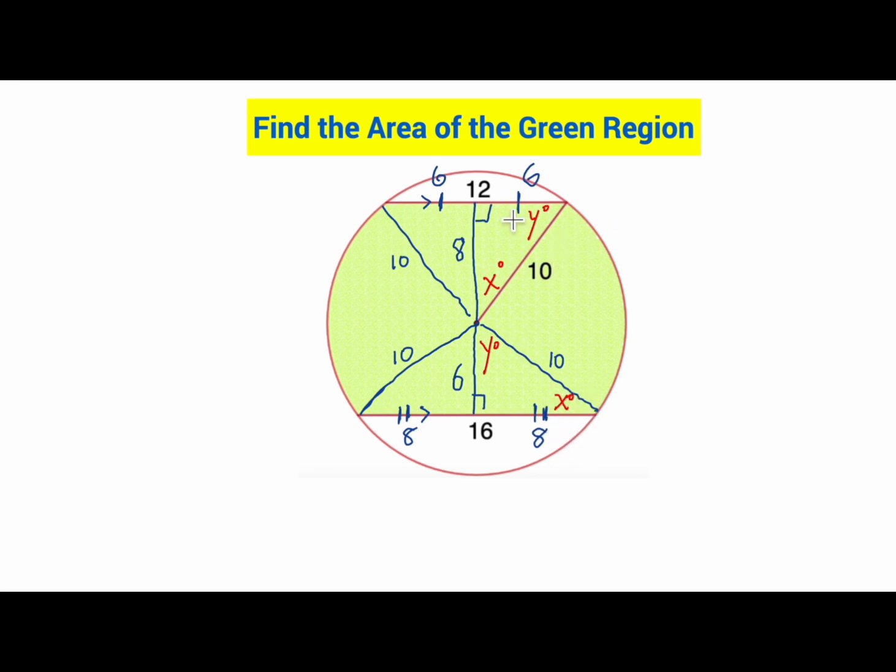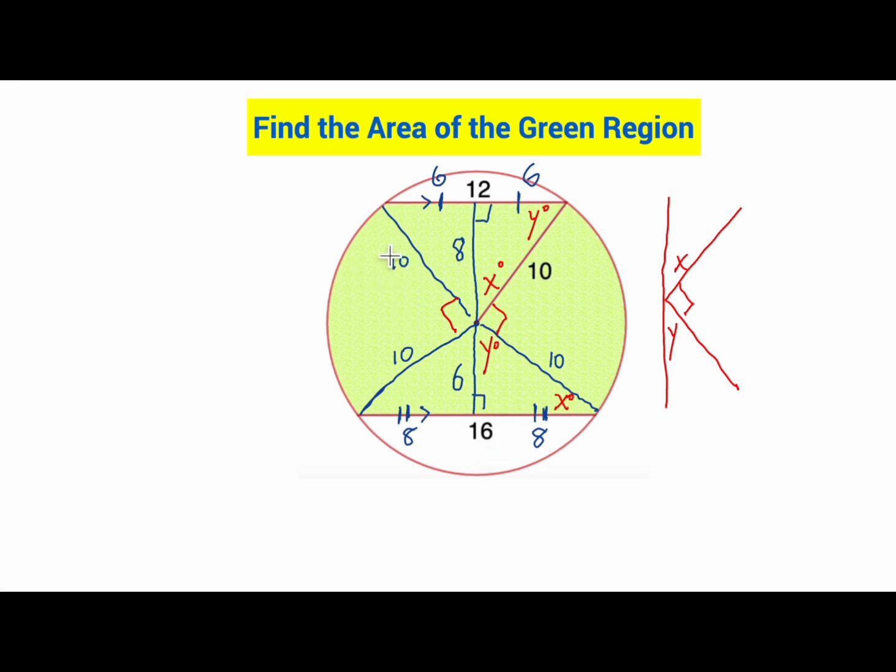Now we also know that in that right triangle, x plus y plus 90 has to add up to 180 degrees, so that means x plus y is going to be 90 degrees. If we look at this diameter coming down, if this is x degrees and this one's y degrees, that makes this here 90 degrees. And the same over here, 90 degrees.